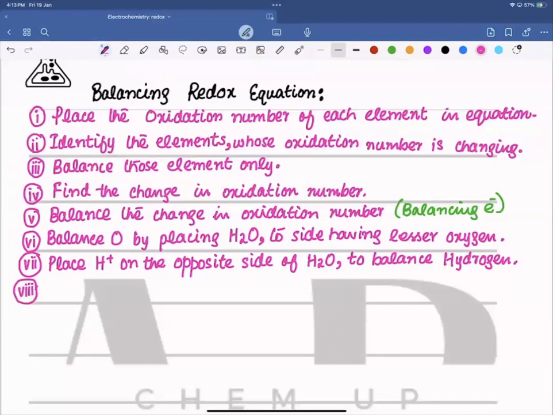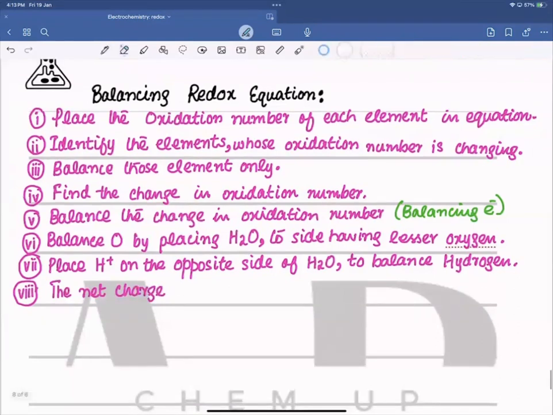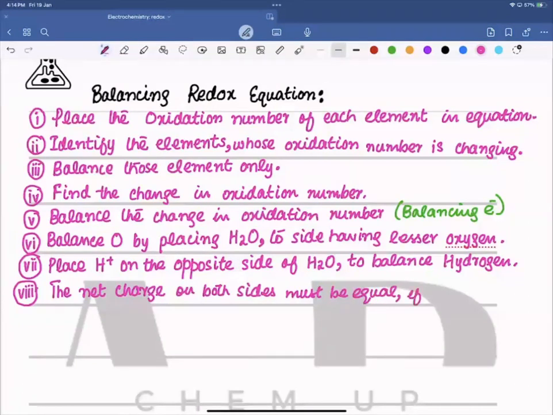Then at the end, the net charge on both sides must be equal if balanced.